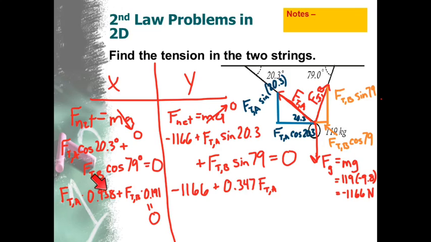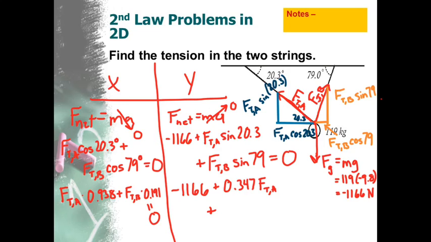Now over here I put my coefficients afterward, but I could have just as well put them before. And I think I'm going to do that practice over here. Now I also have to figure out what sine of 79 degrees is. Sine 79 equals 0.982.